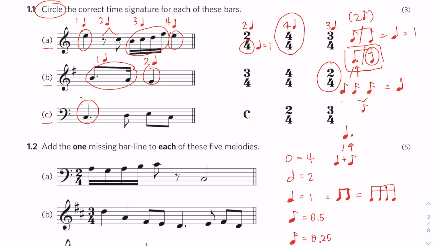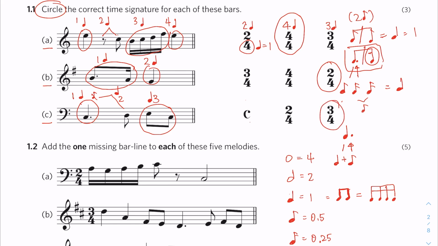So we've got a crotchet here, but we've got another quaver here. Together with this quaver, we have another crotchet, right? Cross this out. And finally, these two together are a crotchet. So we've got 1, 2, 3 crotchets altogether, and this is 3 4 times.